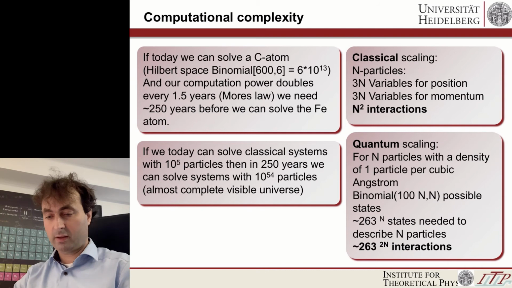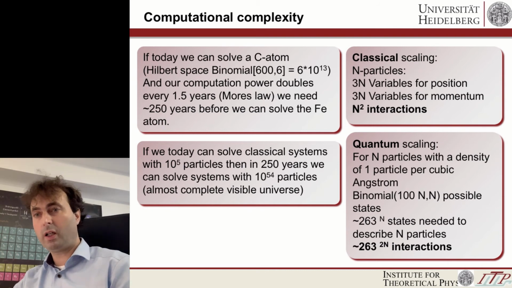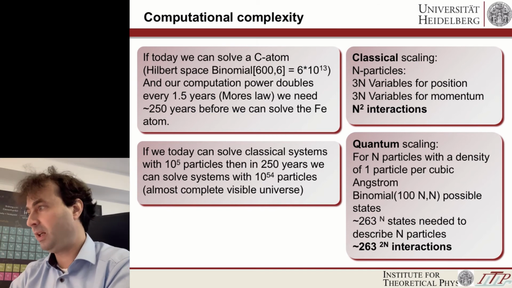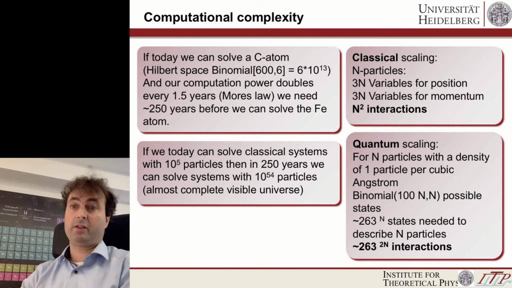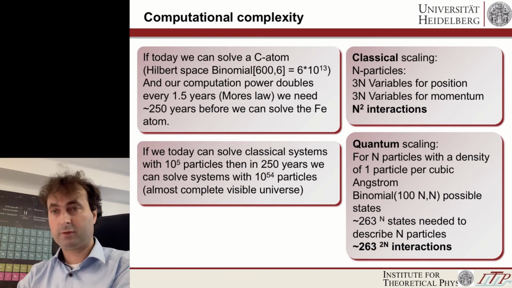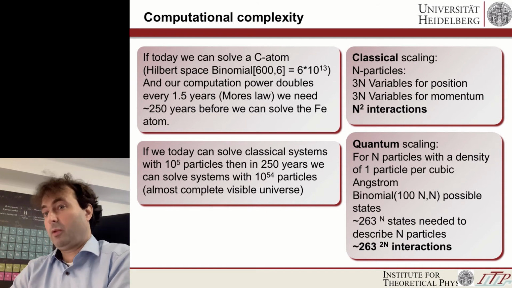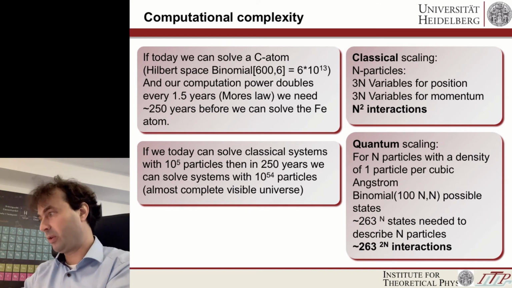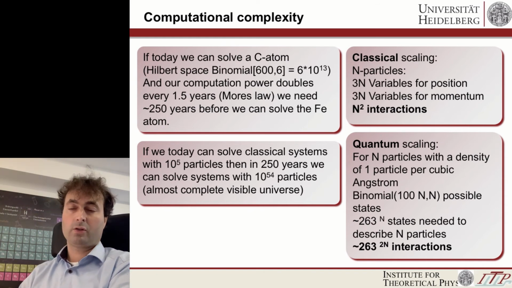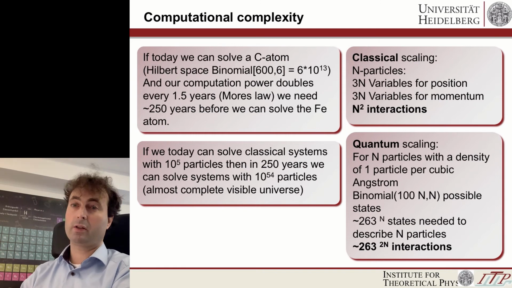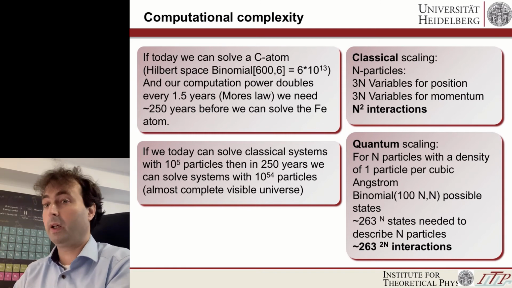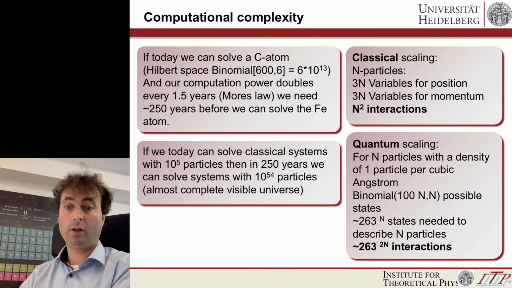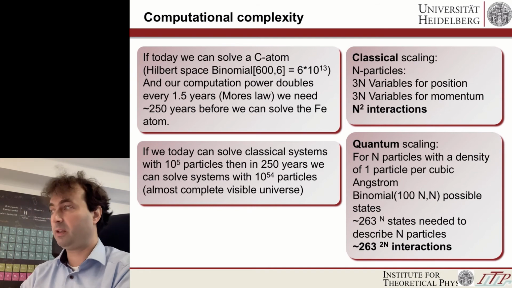So quantum mechanically, scaling from a carbon atom to an iron atom is the same kind of complexity increase that you have classically scaling from 10 to the 5 particles, which is a tiny system in terms of condensed matter materials, to basically the entire universe. A single biomolecule has more atoms than that. So it's easier to solve a classical universe than solving an iron atom, or 2 iron atoms. And that's the scaling and the problem that we have to overcome when we discuss solid-state physics and materials.